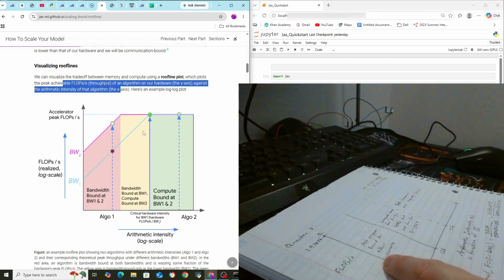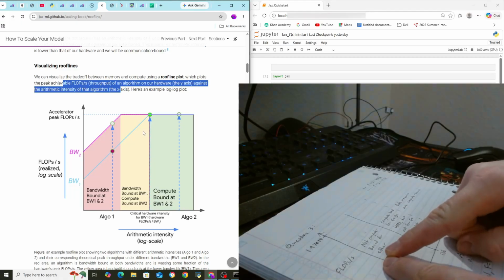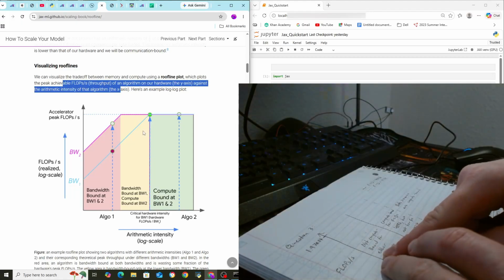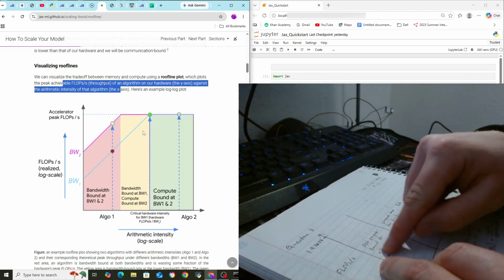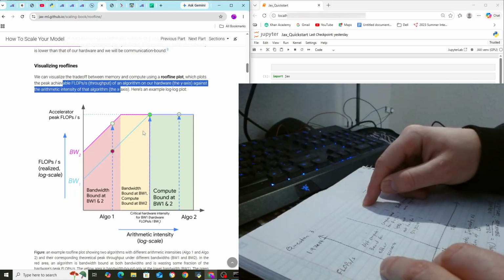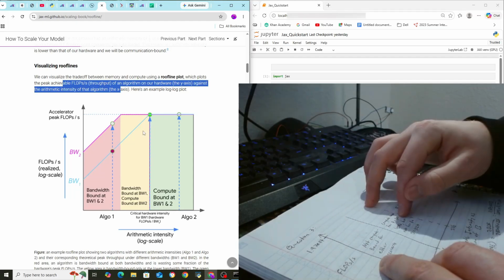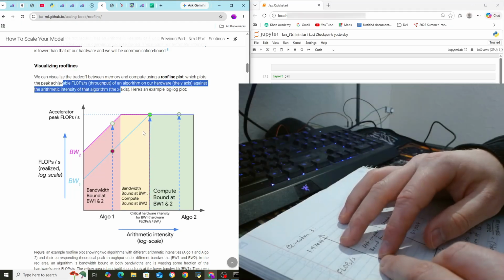So the arithmetic intensity is 0, which means that we're not doing any floating ops. Are bandwidth 1 and 2 corresponding to algorithm 1 and 2? That is my question.